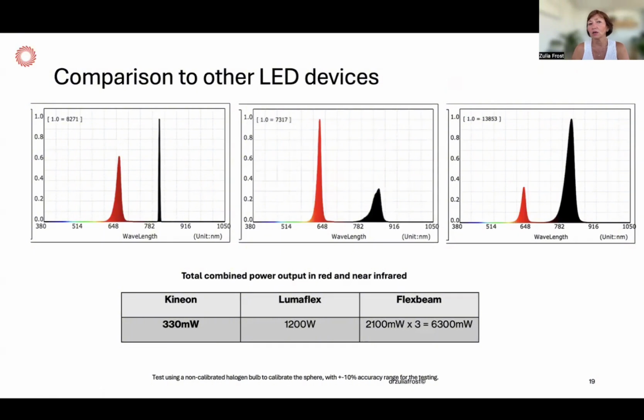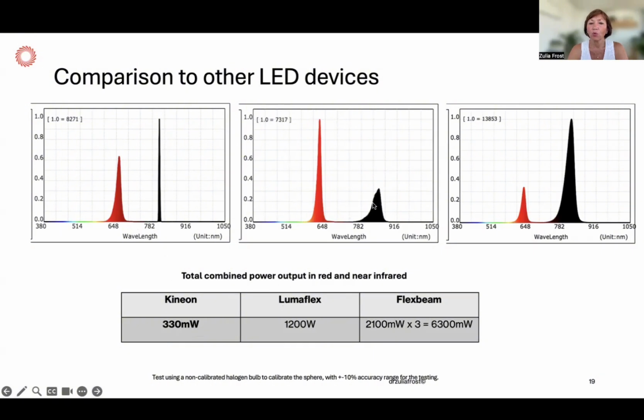I brought this diagram for you because recently we evaluated by irradiance competitive devices like Kinyon and Lumaflex. And you could see straight away the energy here is 330 milliwatt with the Kinyon.